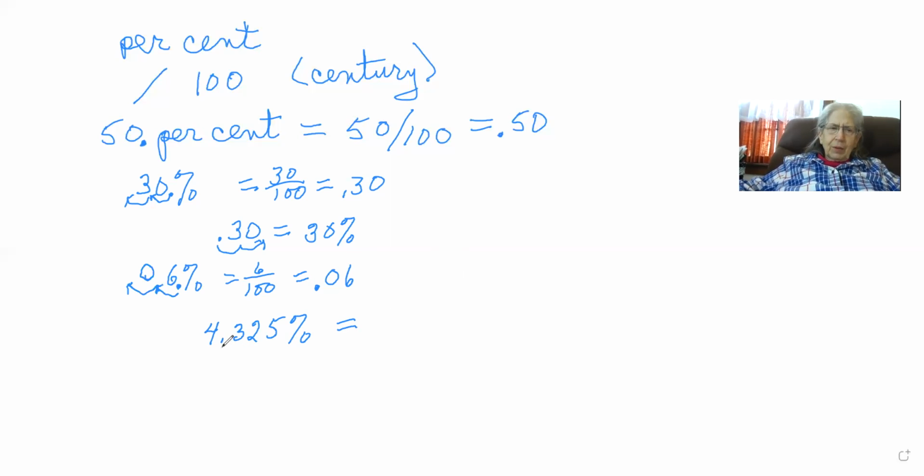But all you have to really do is move the places, move it 2 places. Oh, 2 places the other direction. 2 places to make it smaller. Okay, 2 places over this way, and we will get 0.04325.